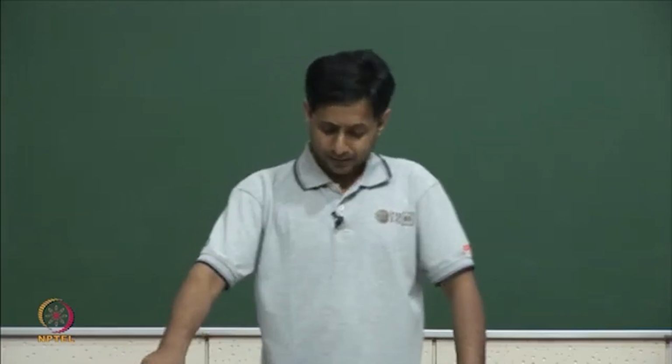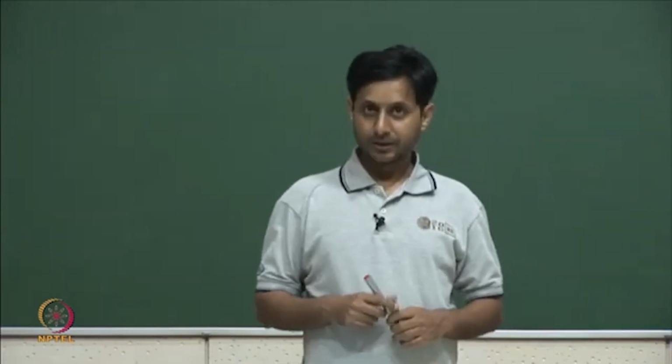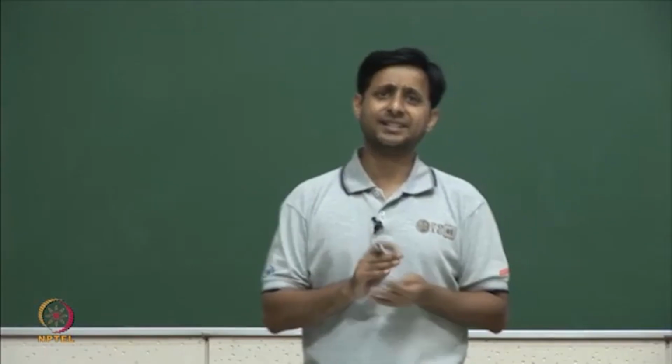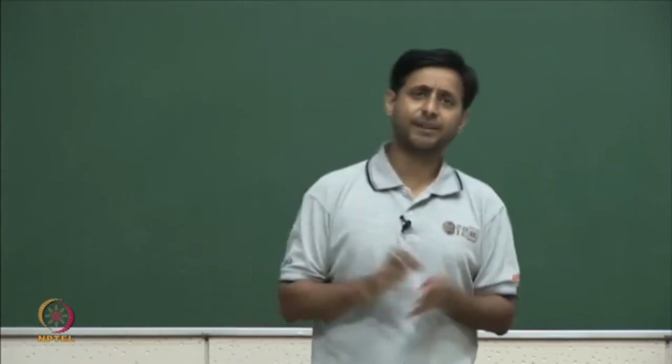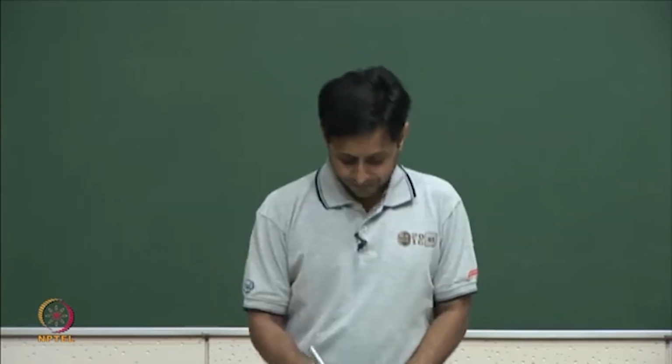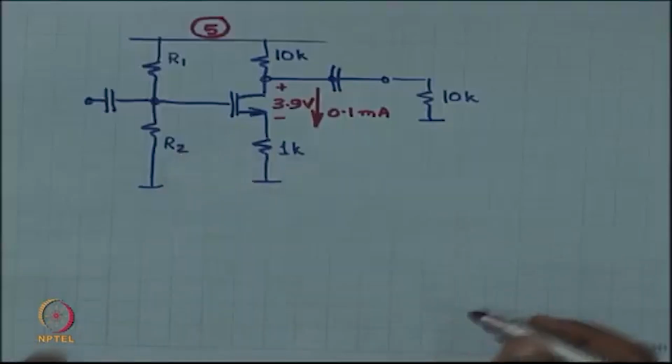Now, we need to find out the swing limits. Oh, I forgot to do the VGS. Let us say that I have organized VT and I make sure that the K of this device is such that you need VGS minus VT equal to 0.2 volt.